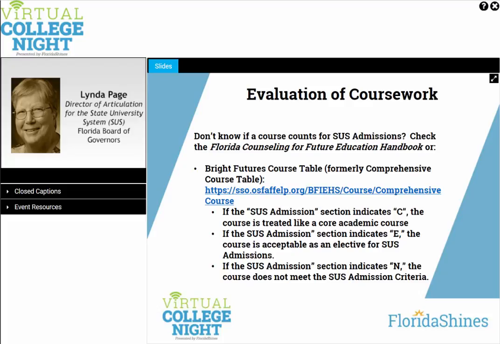Also, please know that the math and natural science high school credit earned by industry certification does not count towards SUS admissions. So if they earned a high school credit with an industry certification in math, it would not count as one of the 4 math credits expected for SUS admission.